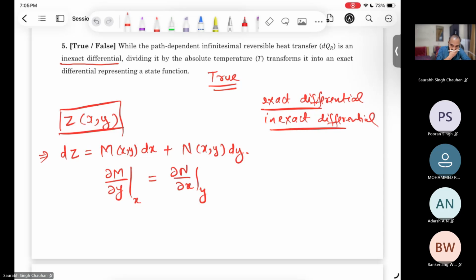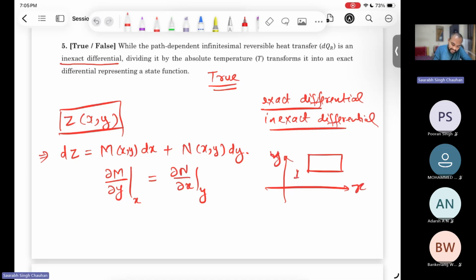And in the previous session, I also said that you should make yourself comfortable and convince yourself about this check for a differential to be exact or not exact using some paths.